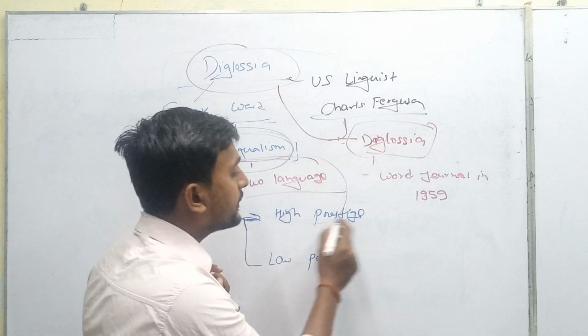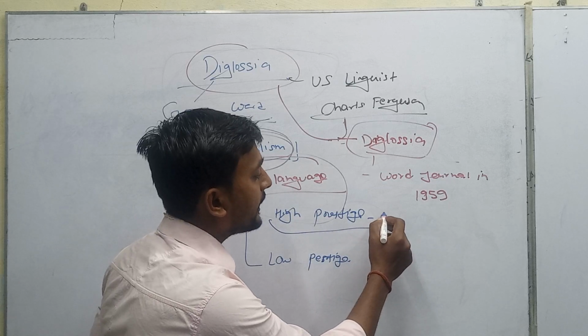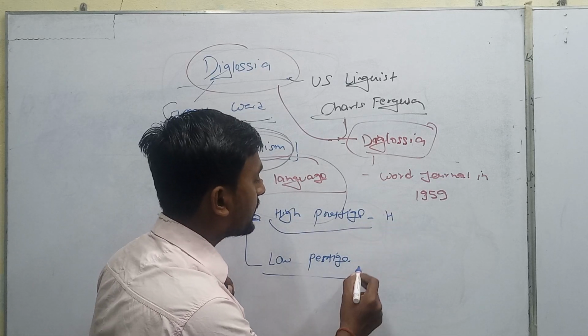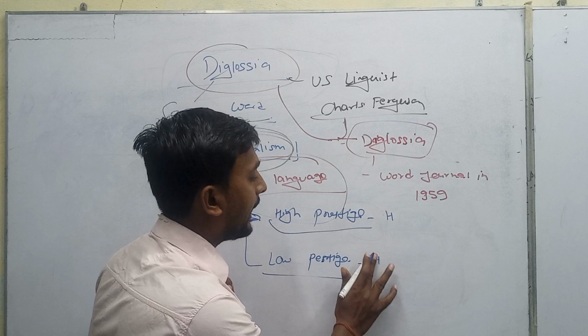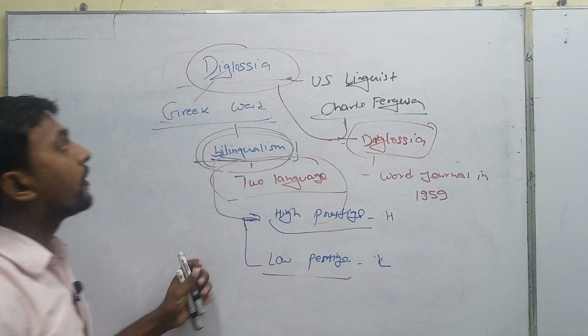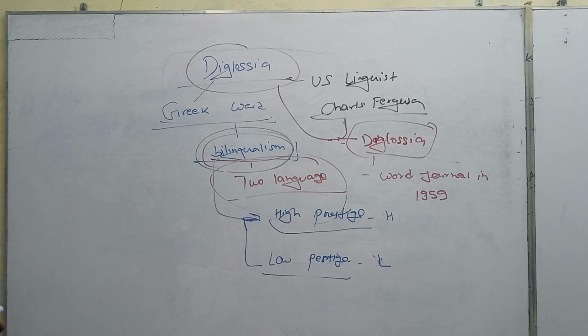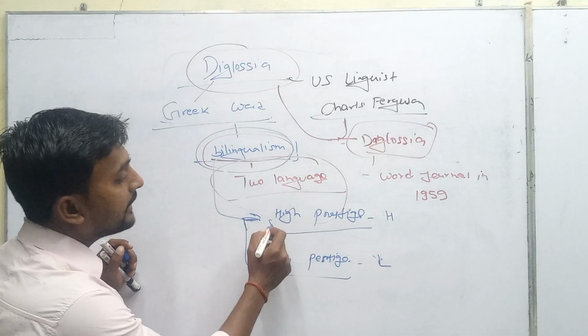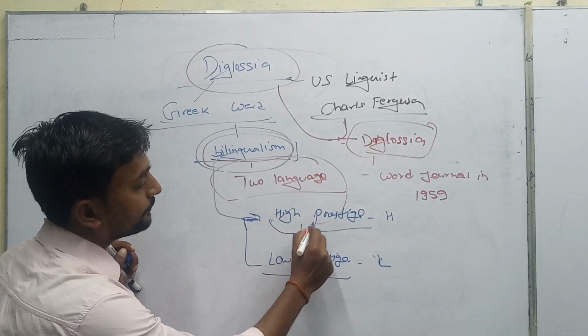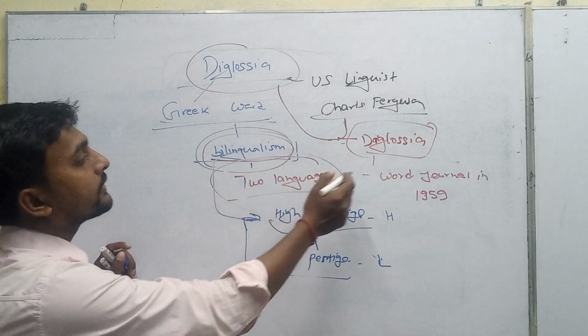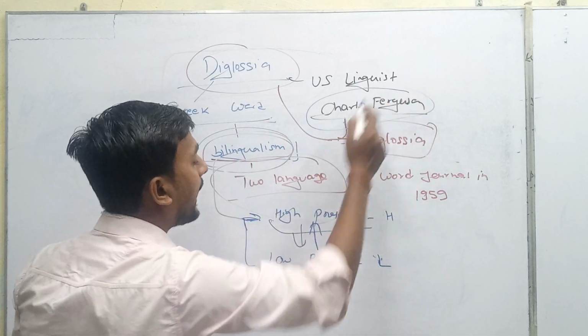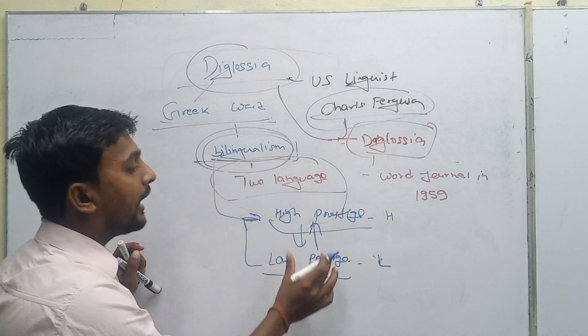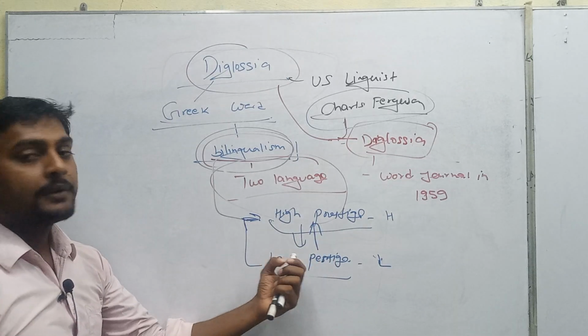High prestige was coded as H, and low prestige was coded as L. According to Ferguson's definition, these high and low varieties are always closely related.